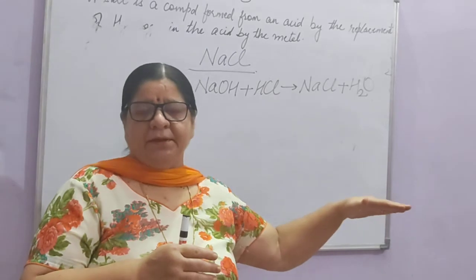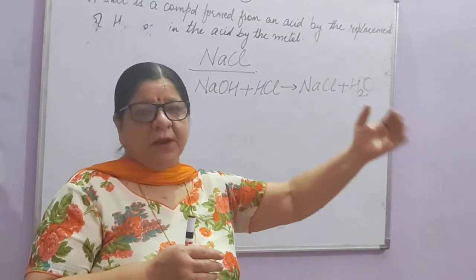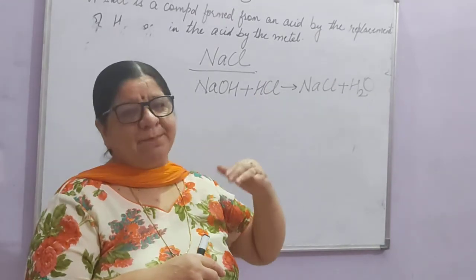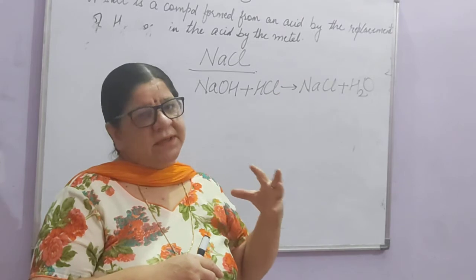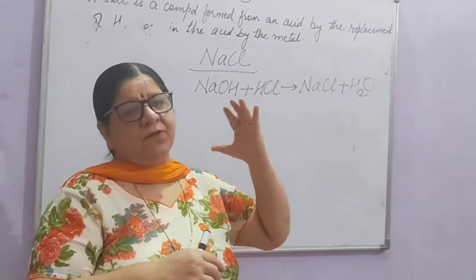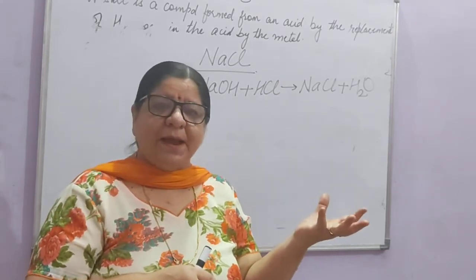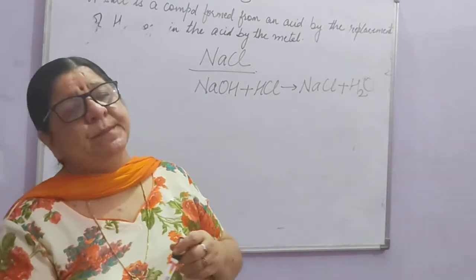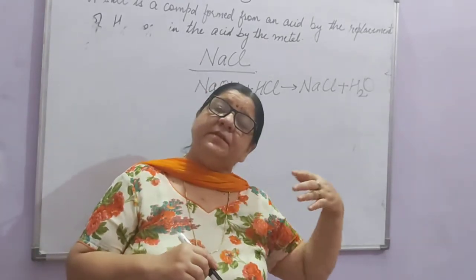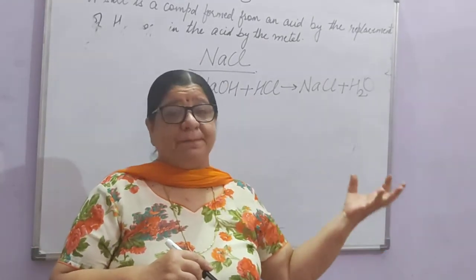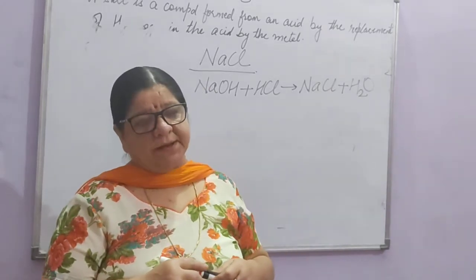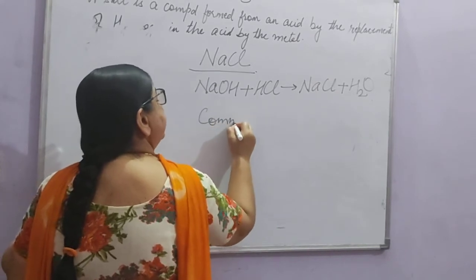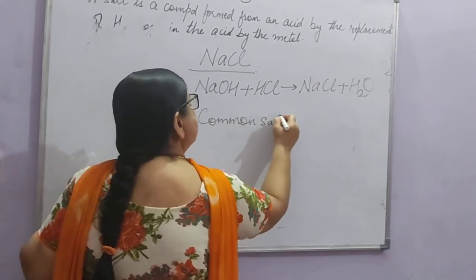The shallow sea beds are made in which the seawater is put, and then that water keeps on evaporating by the sun's heat. And when all the water evaporates, what is left behind? That is the common salt. Of course, it has many impurities in it, and then it is filtered and purified before it comes in the market, right? This is how we obtain common salt from the sea.